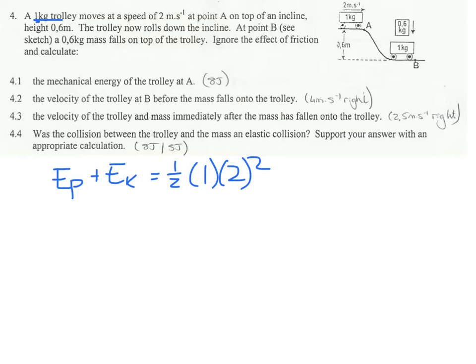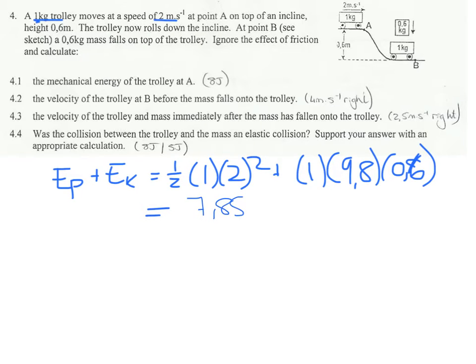We've been given the mass, we've been given the velocity, plus mg, sorry, that's a 0,6, and when I work that out, I land up with 7,88, and we can make that approximately equal to 8 joules. I'm sorry, not meters per second at all.